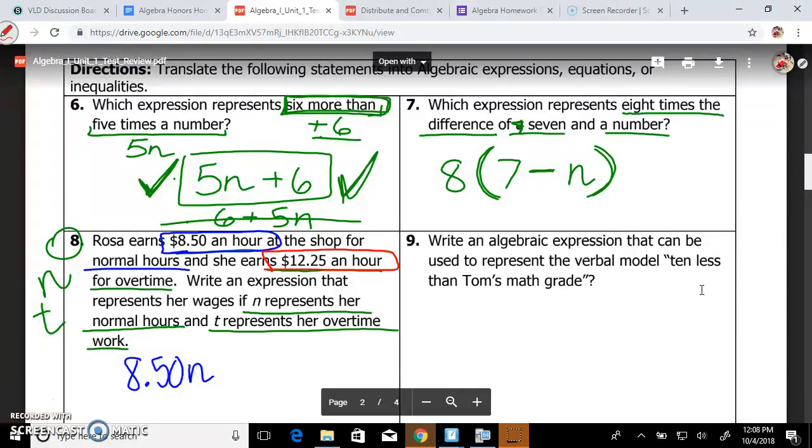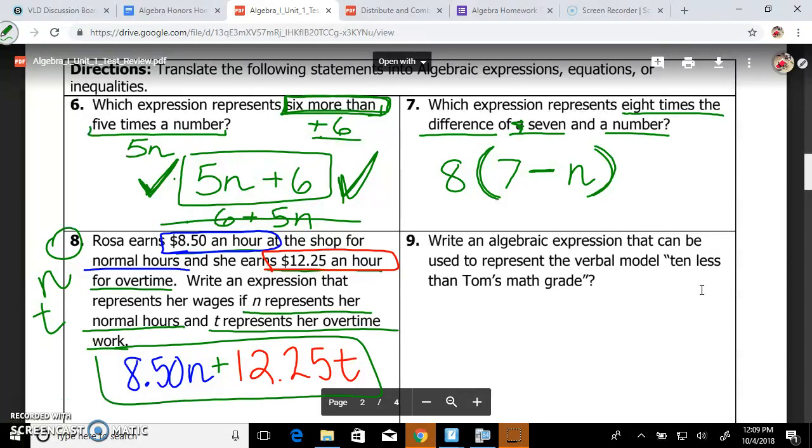She gets paid $12.25 an hour for every overtime hour, or T. Her wages are going to be a combination of those two, a total of them, so we would add them together, and that would represent her wages. So our final answer would just be that. They might also simplify it. Instead of 8.50, they might just write 8.5. Both of them are correct.